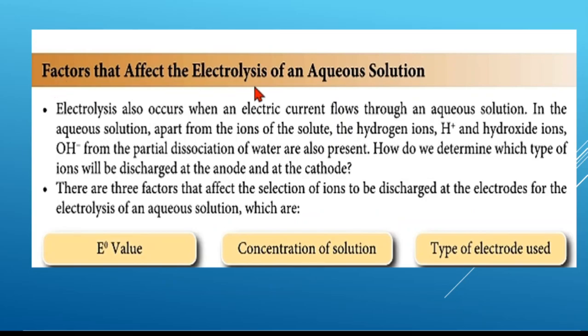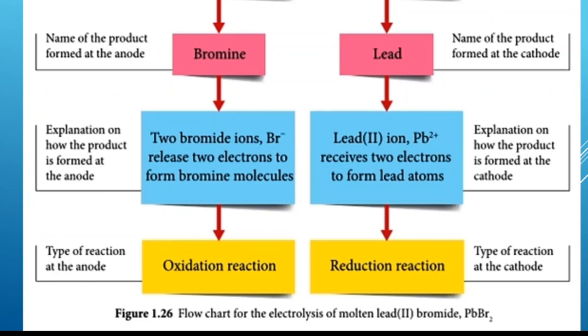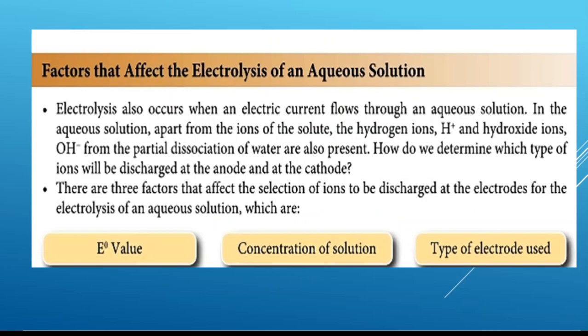Factors that affect the electrolysis of an aqueous solution. Tadi itu ialah molten, sebatian lebur. Yang ini adalah aqueous solution, iaitu yang kita tambah air. Electrolysis also occur when the electric current flow through an aqueous solution. Aqueous kita tambah air, bukan kita kasih heat dia, lebur dia, tidak, kita tambah air.